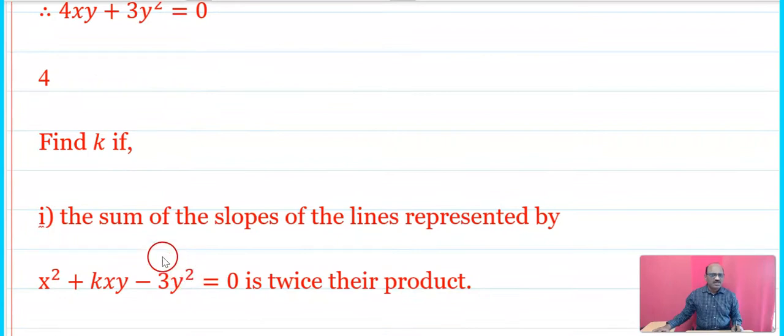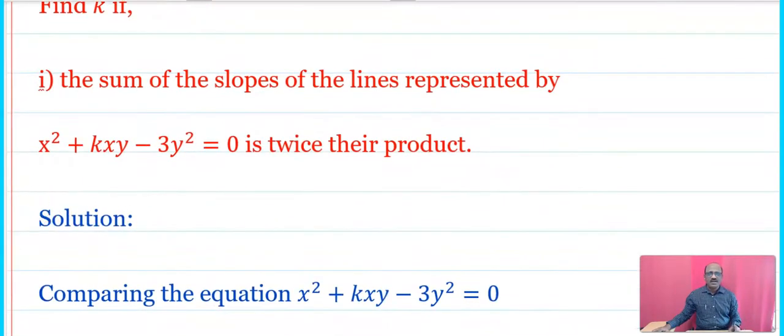Now we'll start question number 4. Find k if the sum of the slopes of the lines represented by x square plus kxy minus 3y square is equal to 0 is twice their product.